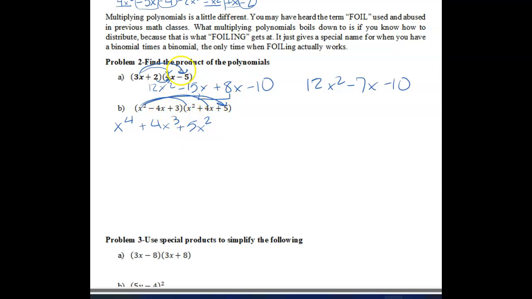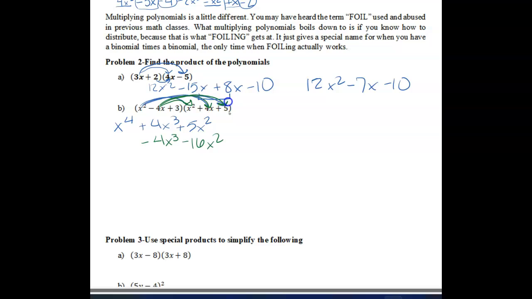X squared times 5 should give me positive 5x squared. Next piece, I'm going to take negative 4x times x squared, which should give me a negative 4x cubed. And then I'm going to take my negative 4x times my 4x, so I should get negative 16x squared.